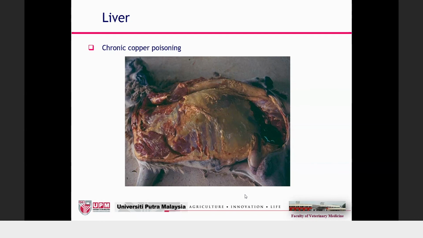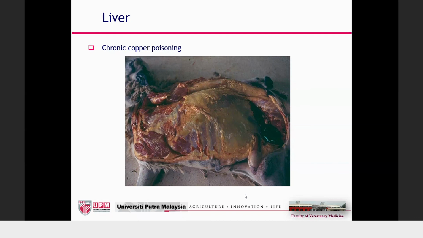When the hemolytic crisis happens with excessive hemoglobin, the animal will also have jaundice. The blood will change in color, and the urine also becomes darker, stained with hemoglobin. So there are two episodes: one is just hepatic necrosis.